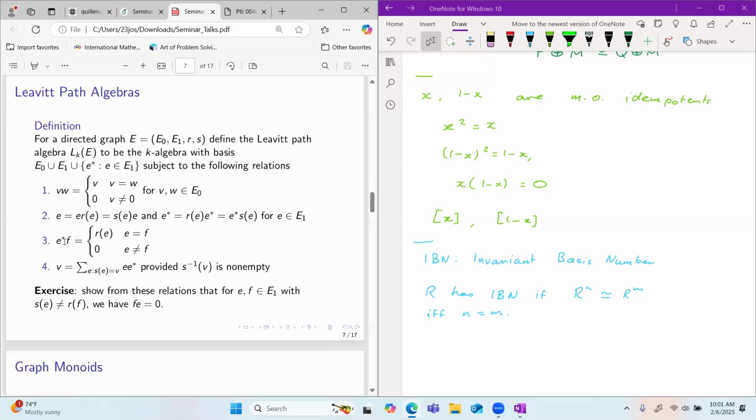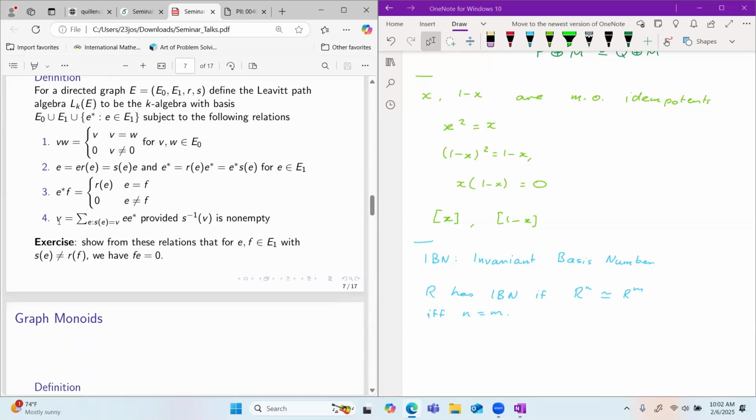Another property we have, and these properties 3 and 4, I'd say, are what make the Leavitt path algebra especially interesting. If you have a ghost edge, E star, and you multiply by F, if E is equal to F, you get the range of E, so the vertex. And if E is not F, these multiply to give you 0.